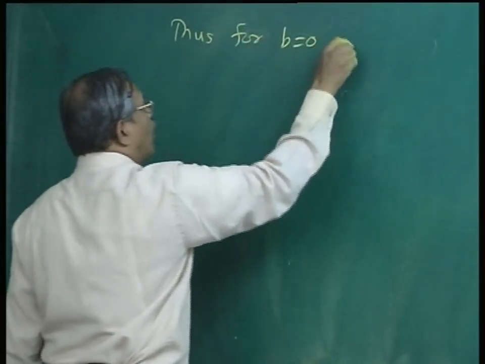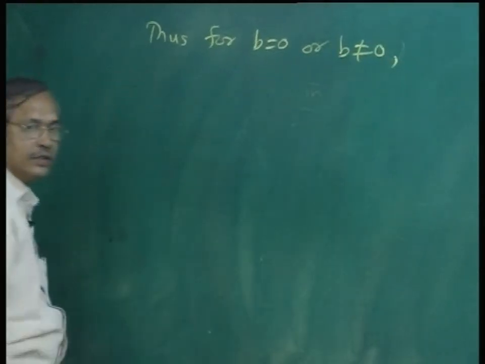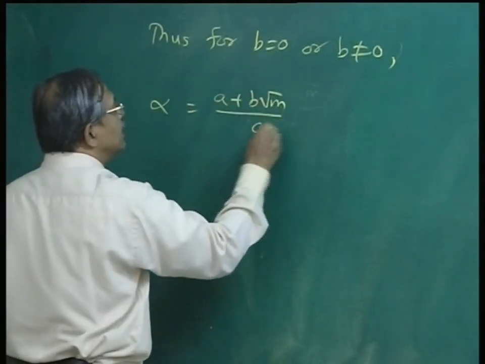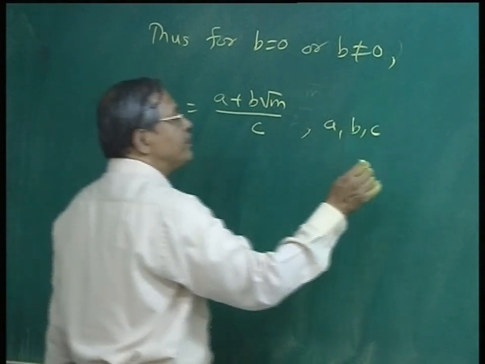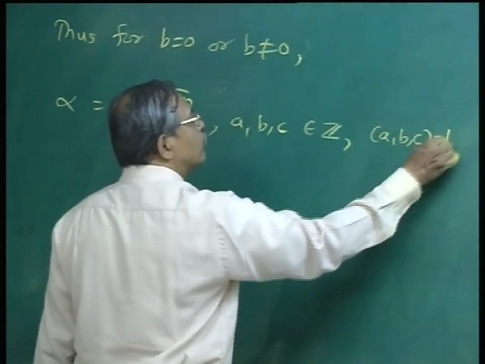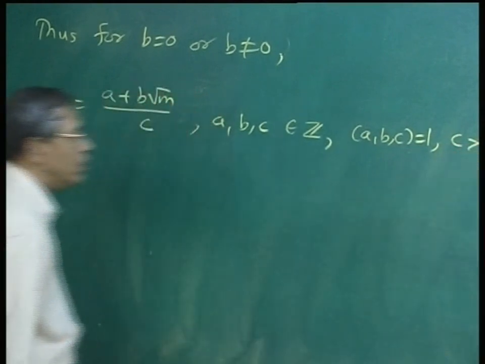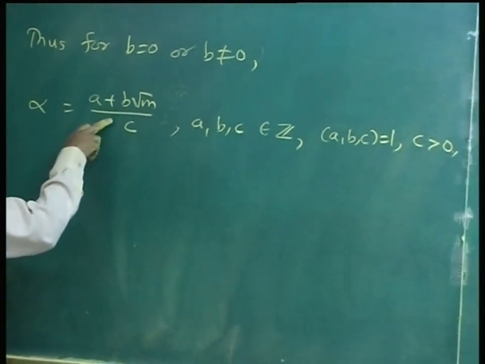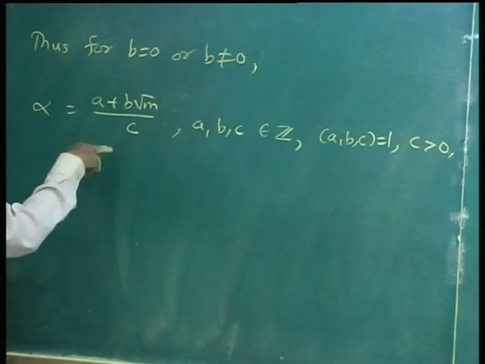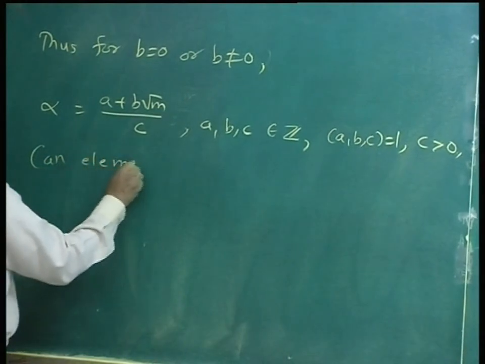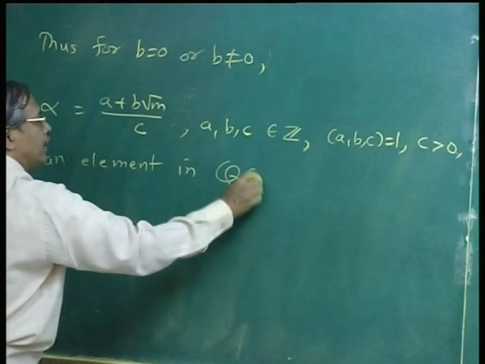Thus, for b equal to 0 or b not equal to 0, for alpha equal to a plus b root m by c, with a, b, c in Z, gcd of a, b, c equal to 1, take an element like this, this is a general element in Q root m.